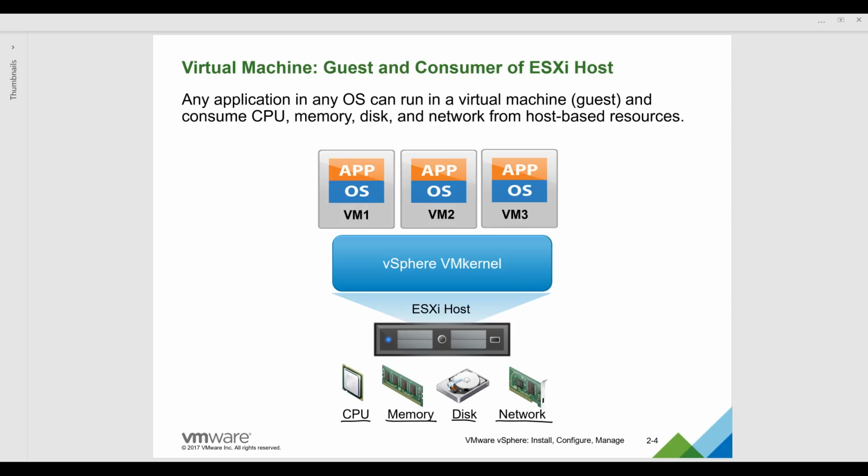And what that does, it takes it, puts it all on the ESXi host, runs through the vSphere kernel, which is here, and then they're shared to the VMs, VM1, VM2, and VM3, as you see above, so it shares all of the resources.